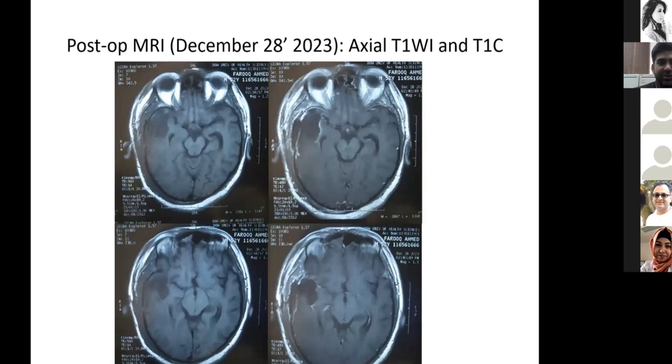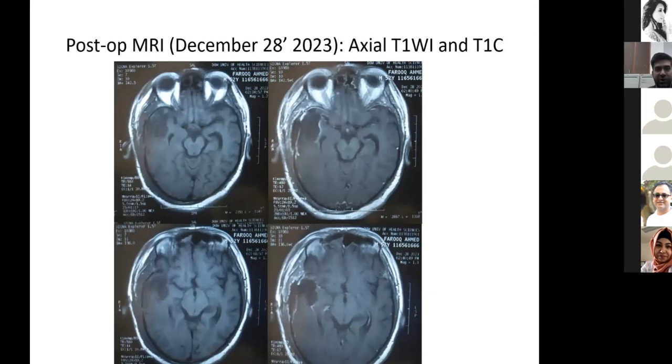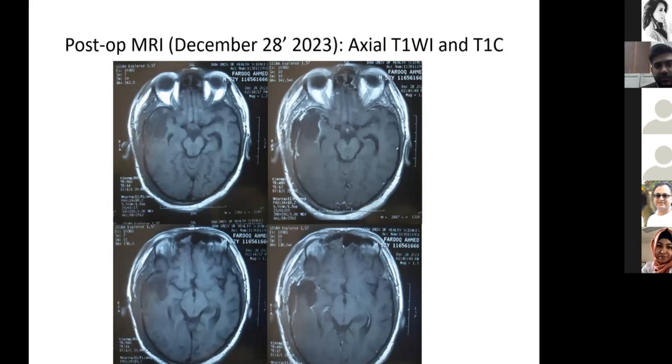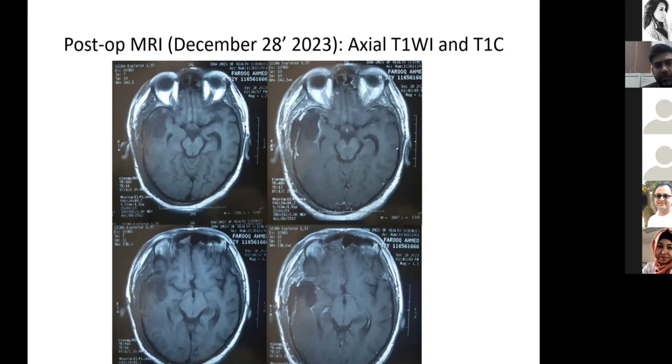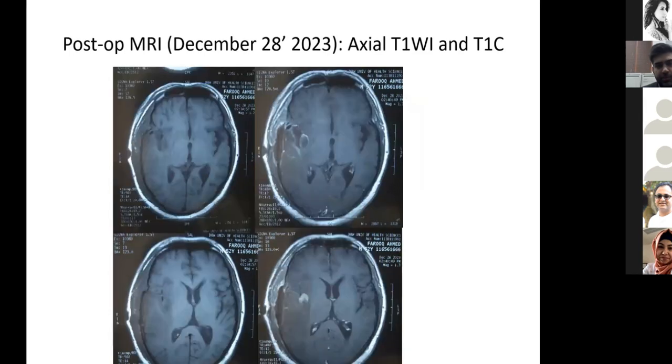And Dr. Shumaila, again, your input is required. I can see that most of the lesion is resected. There is just minimal enhancement along the medial aspect, which to me suggests maximum resection has been done.